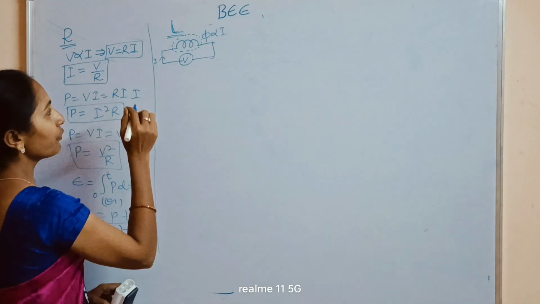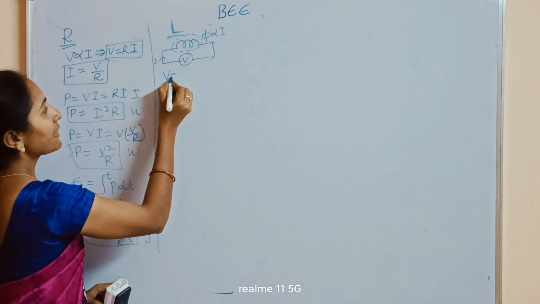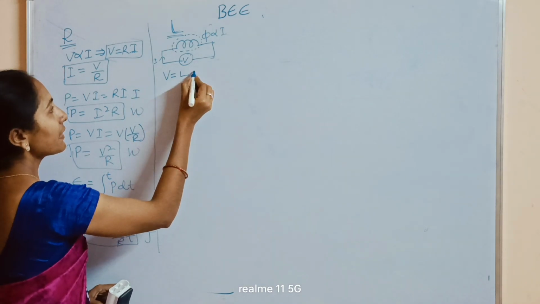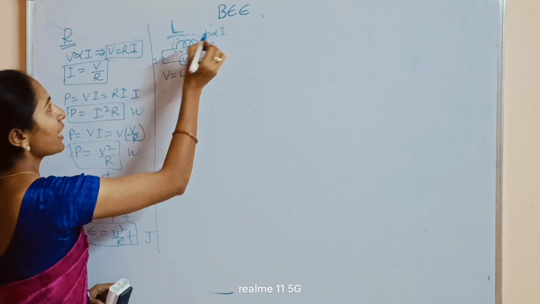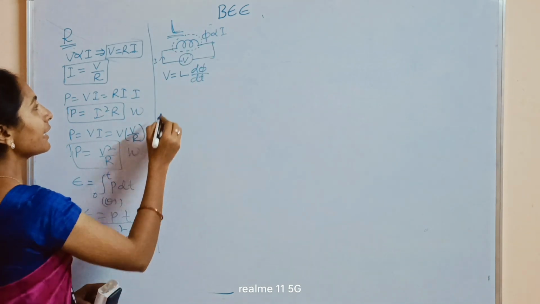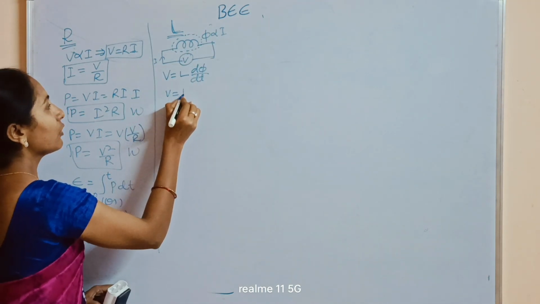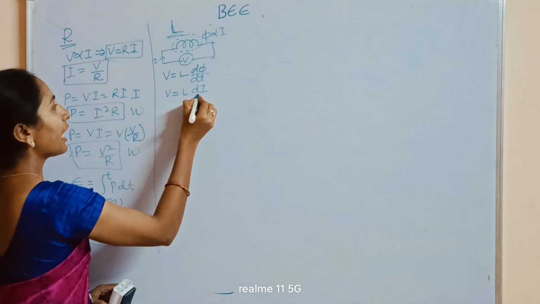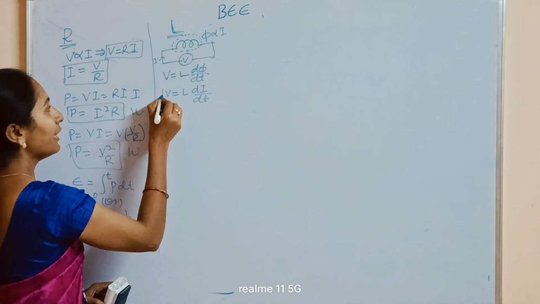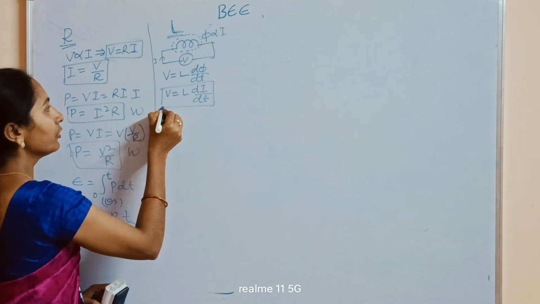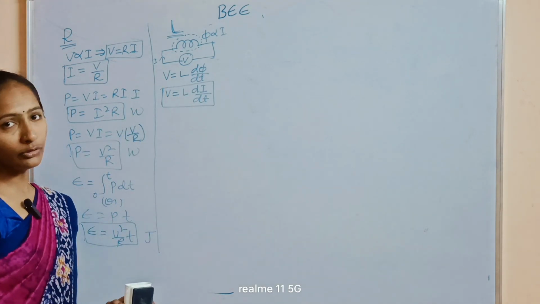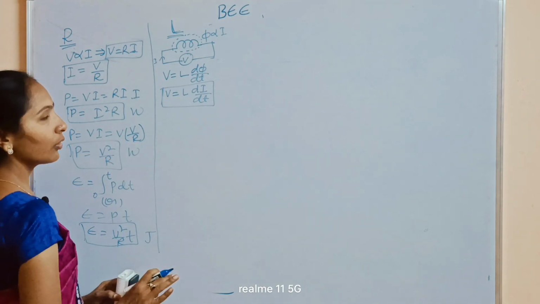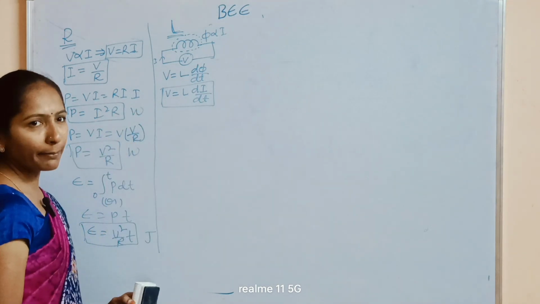According to Faraday's law, V equals L into d phi by dt. But phi is directly proportional to I, so directly I am considering V equals L into di by dt. So the voltage expression is completed.